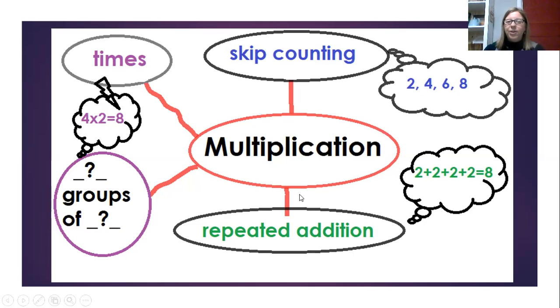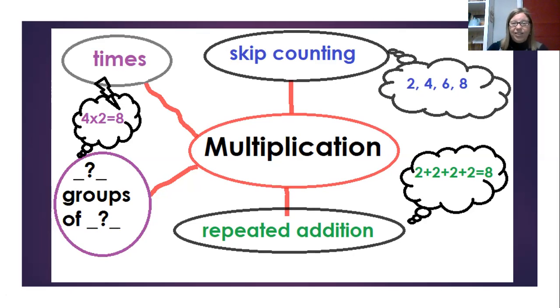So today we're going to be focusing on the symbol that is used for multiplication. The name of the answer is not a sum as it is in addition, it's not a difference as it is in subtraction, it is called a product.